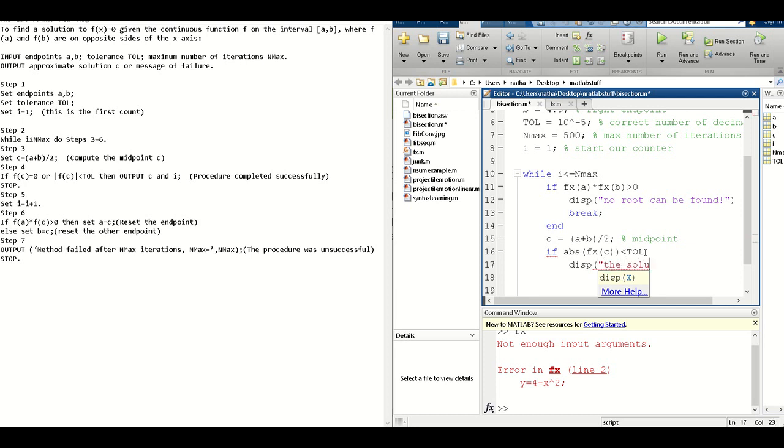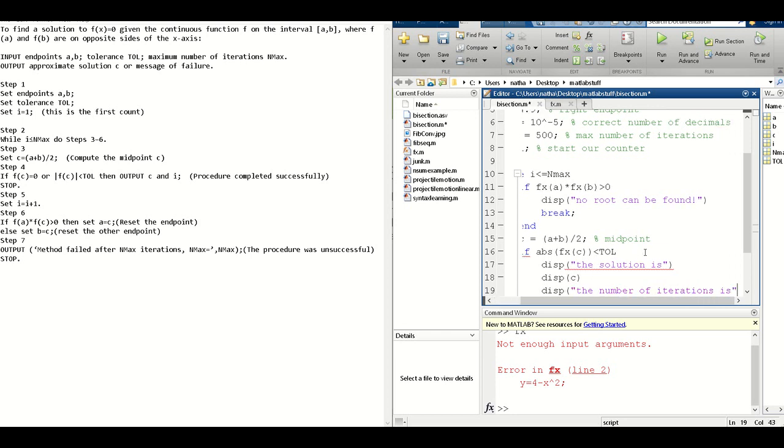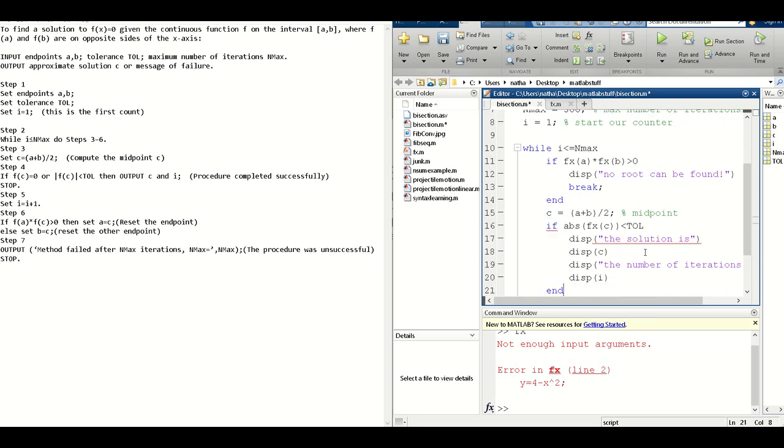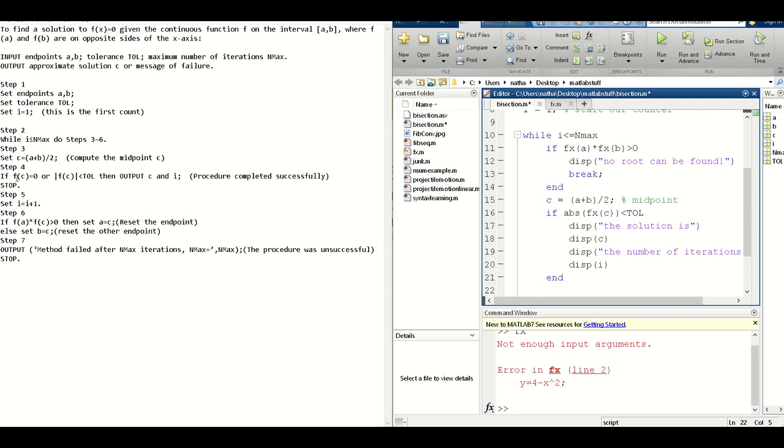So the solution is, and then I'm going to make another display which has that solution, and display the number of iterations is, and display that number. And we'd end this if. Okay? So that's this.